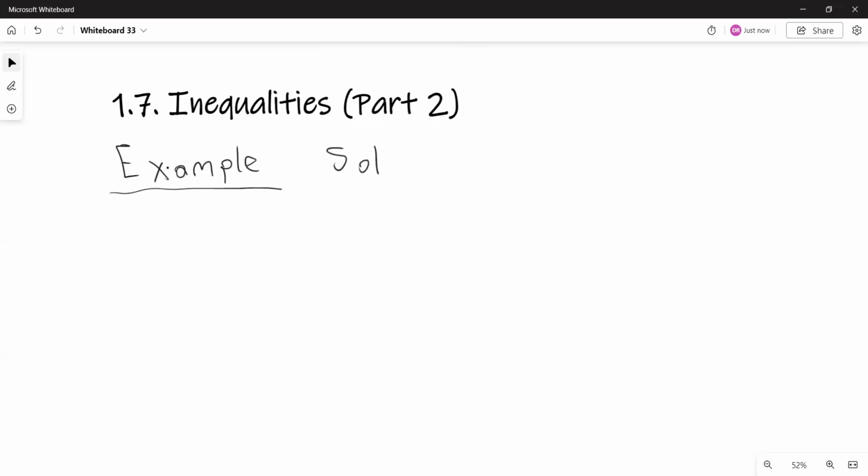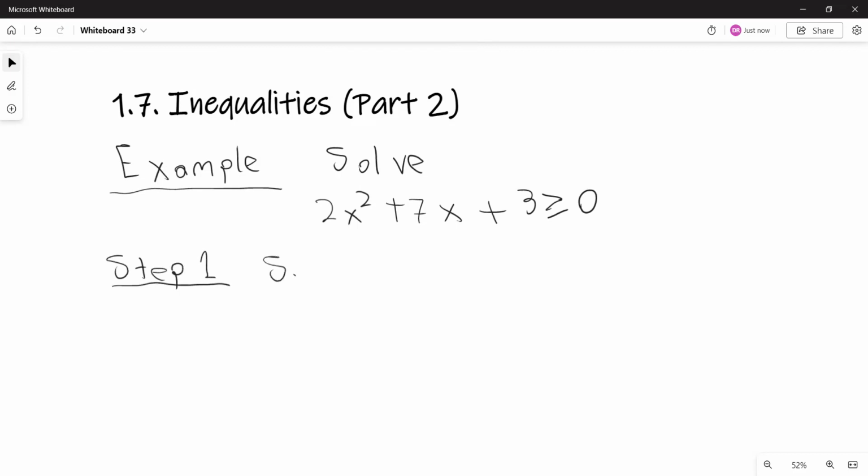We are going to solve the quadratic inequality 2x squared plus 7x plus 3 greater than or equal to 0. The first step is to solve the associated quadratic equation.